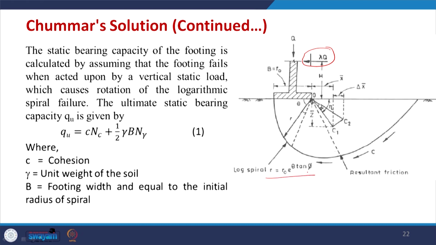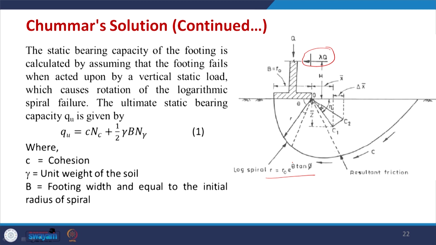Here C is cohesion and phi is the angle of internal friction. This will provide a resisting force.